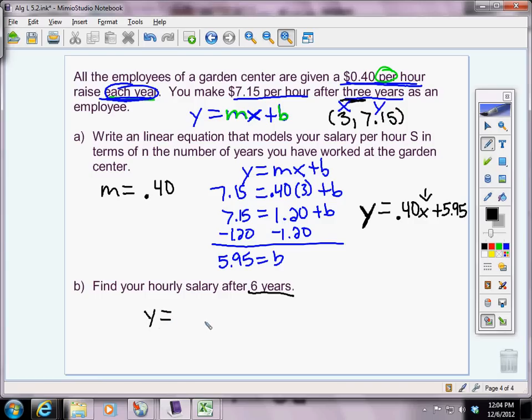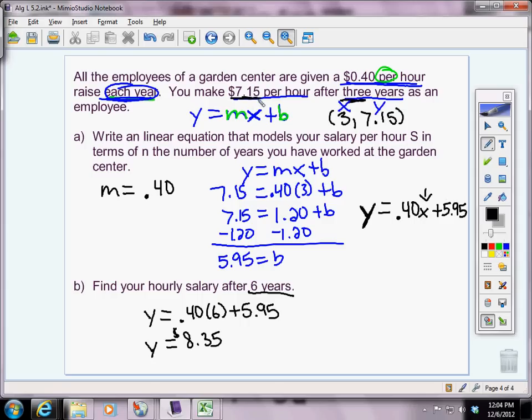So our hourly salary is going to be 40 cents times 6 years plus our initial salary. Typing that into a calculator, you come up with the result.